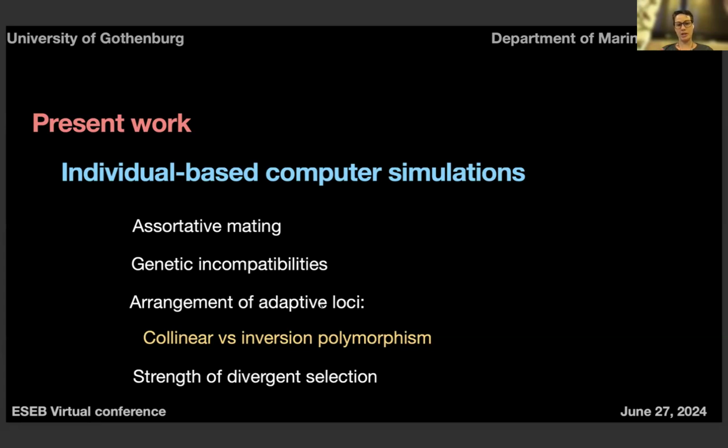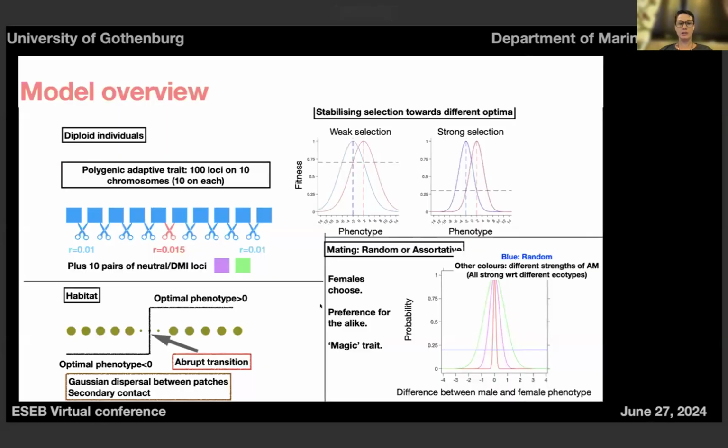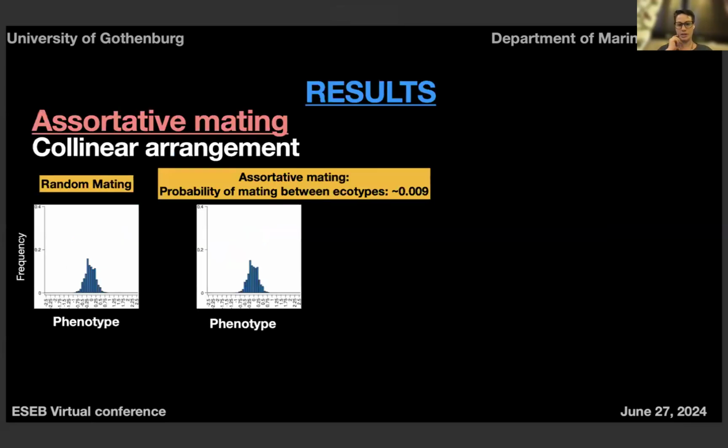So we contrast here collinear versus inversion polymorphism, and we also looked at the strength of divergent selection. I will not go into details about the model, it's a classical hybrid zone model, but with some other potential mechanisms turned on and off. Just bear in mind that the adaptive trait has a polygenic basis spread across 10 chromosomes. And now I will go straight to the results.